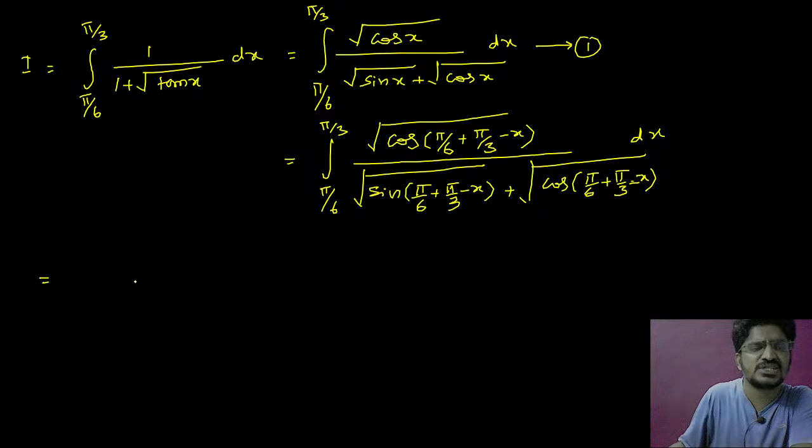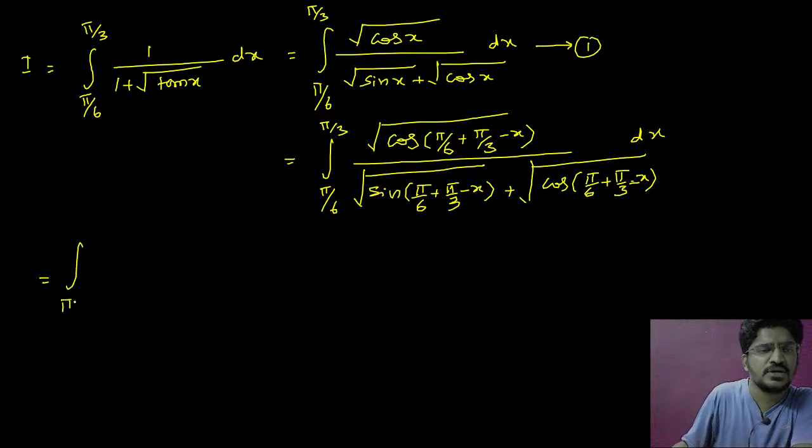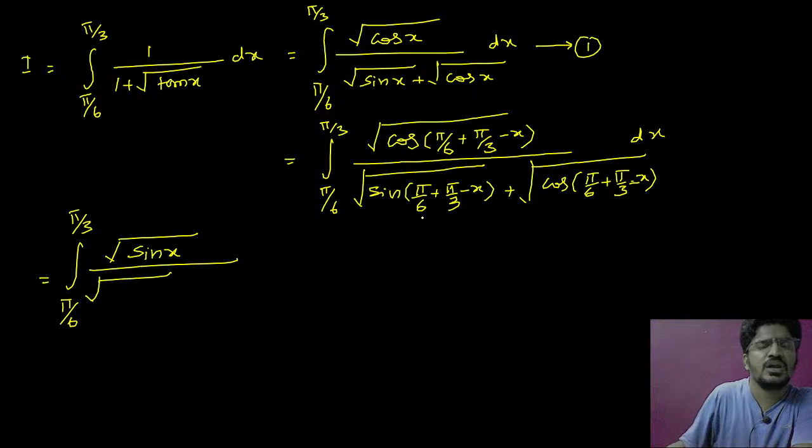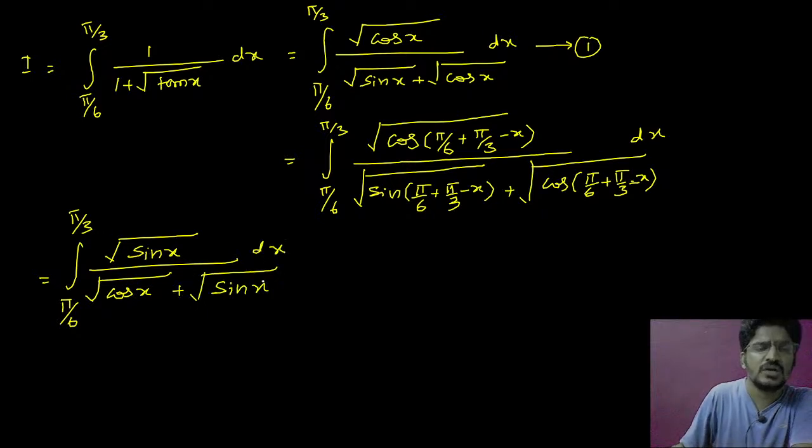Here cos of 30 degree plus 60 degree, 90 minus x, that will be sin x. So from pi by 6 to pi by 3, this becomes root of sin x divided by root of, 30 degree plus 60 degree is 90 degree minus x, so sin of 90 minus x becomes cos x, plus sin x, with respect to dx. Call this as 2.